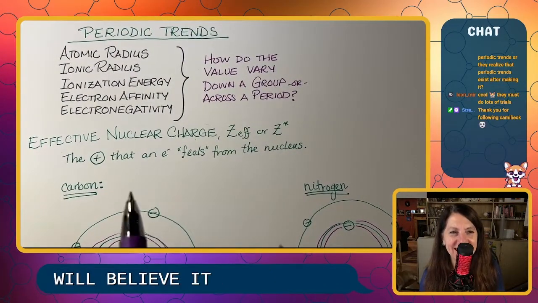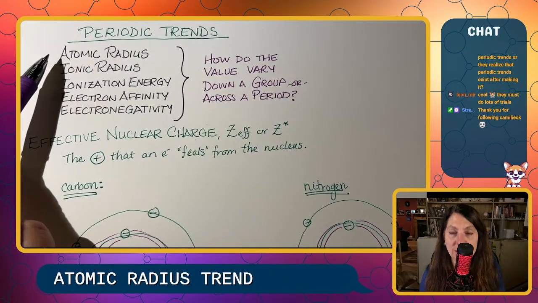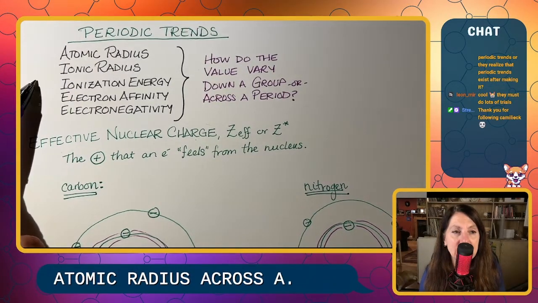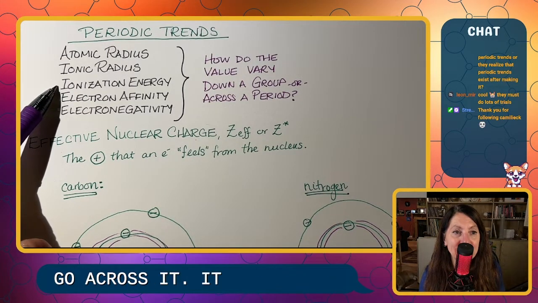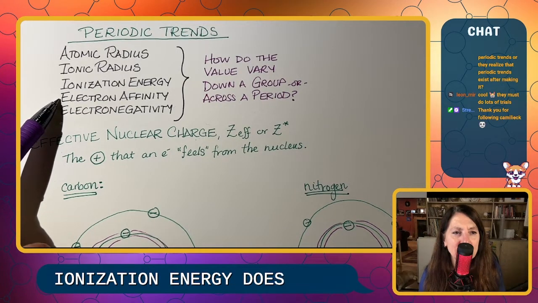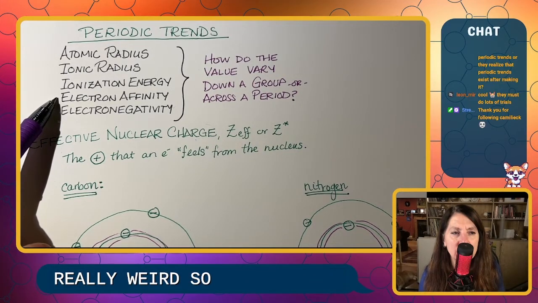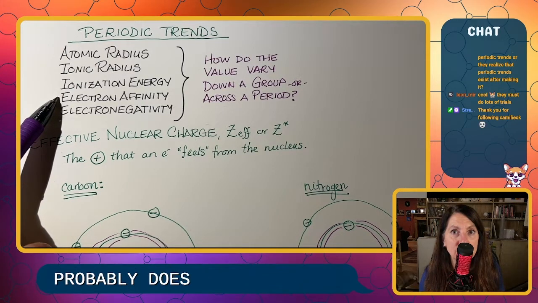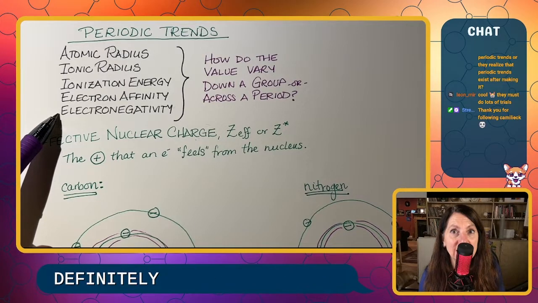It explains atomic radius, trends in atomic radius across a period. It explains ionic radius as you go across a period. It explains ionization energy. Does it explain electron affinity? Electron affinity is really weird, so I don't know about that one. It probably does to some degree, but there's variables with this one. It definitely explains electronegativity, though.